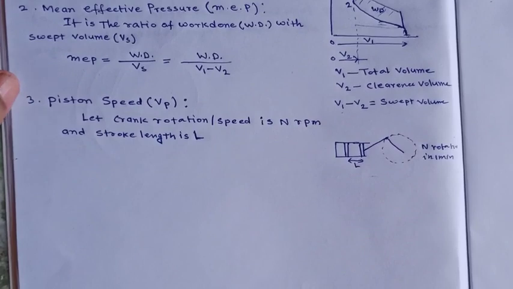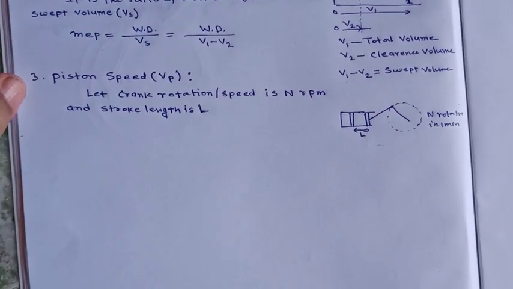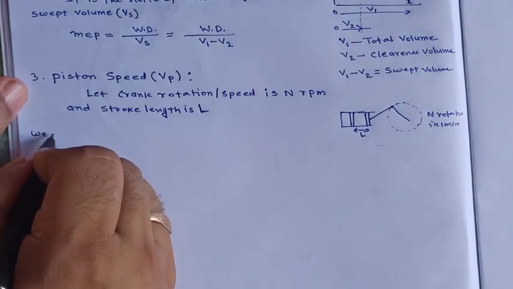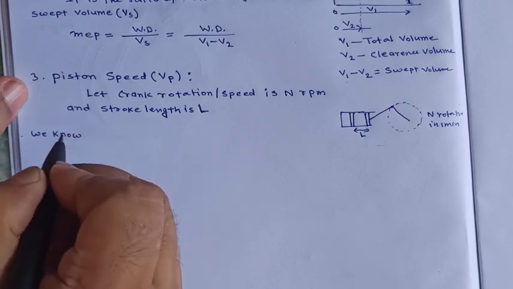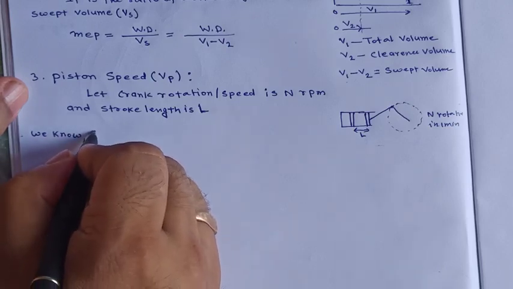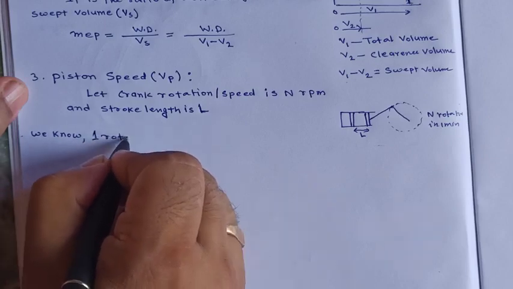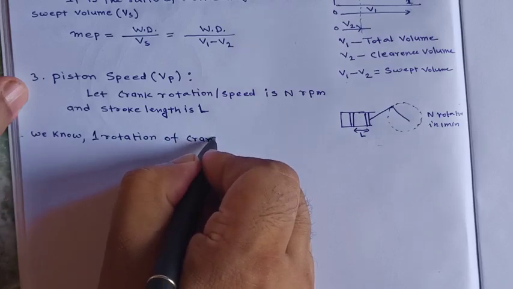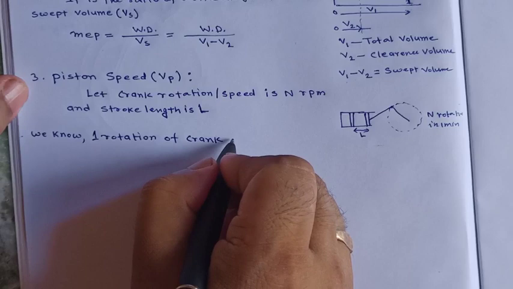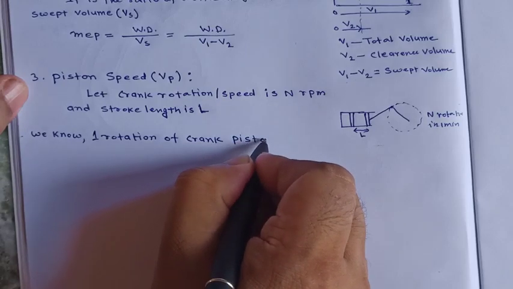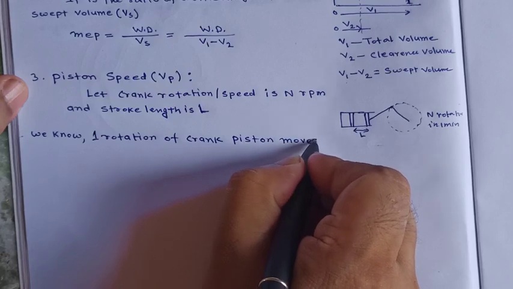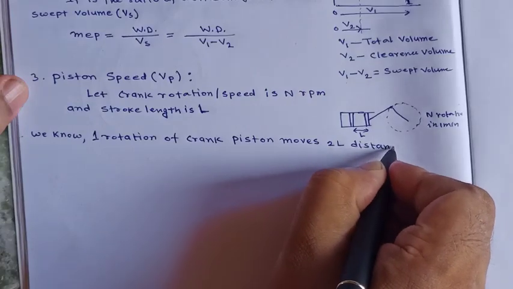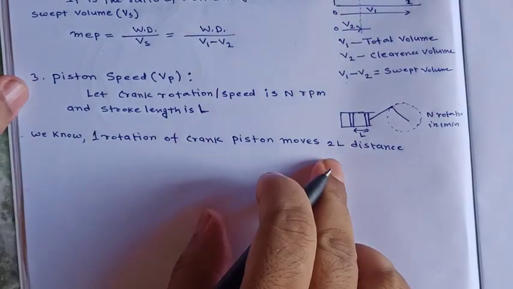So what we can write? We know one rotation of crank, piston moves 2L distance, for 2-stroke or 4-stroke, whatever.